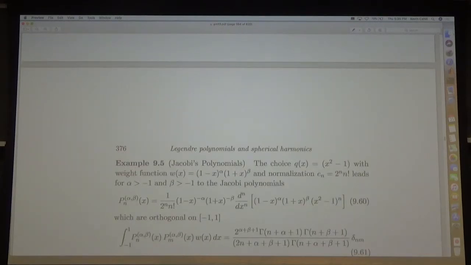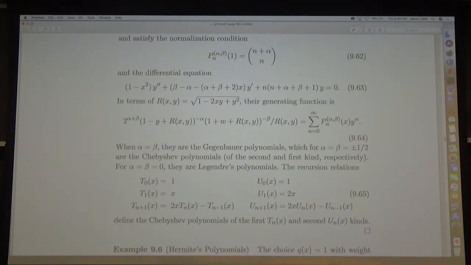Anyway, there are many, many examples that we went through last time. Jacobi polynomials, and then if you set alpha equal to beta, you get the Gegenbauer ones, and then the Chebyshev ones, and if you set both alpha and beta equal to 0, you're back at the Legendre polynomials.